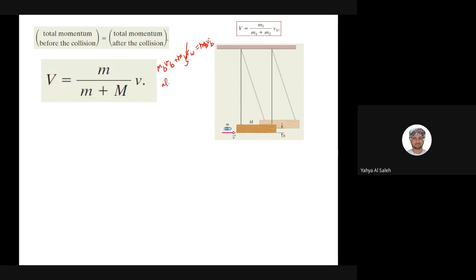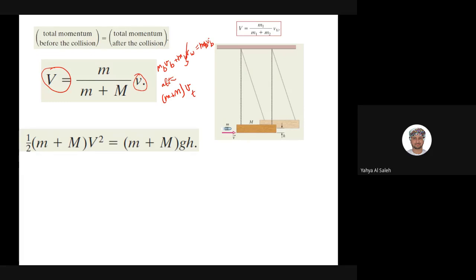After, they're both moving together. So (m plus M) v total. Now, that is one equation, right? But we don't know what this v is, and we don't know what this v is. We only have the masses. So that's not enough to find the answer. But we have another piece of information.